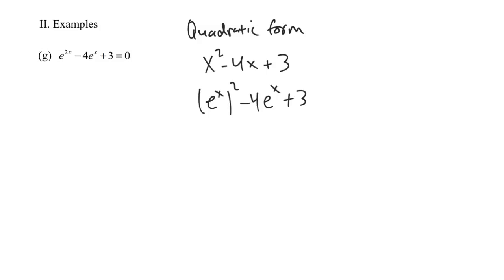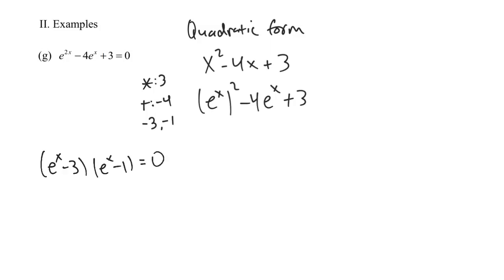And so when we factor this, we're still going to need factors that multiply to 3 and add to negative 4. And so that would be negative 3 and negative 1. And so when we factor this, we're not going to put x minus 3 and x minus 1, but instead we're going to put e to the x minus 3 and e to the x minus 1 is equal to 0.